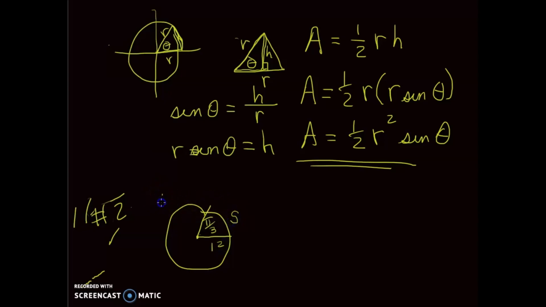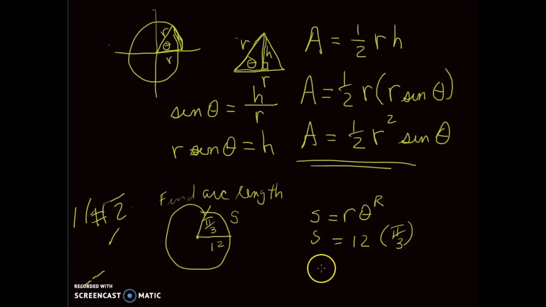So this is pretty straightforward. Find the arc length. S equals r theta, just so theta is in radians. Theta is in radians, so it's 12 times pi over 3. Reduce that fraction.